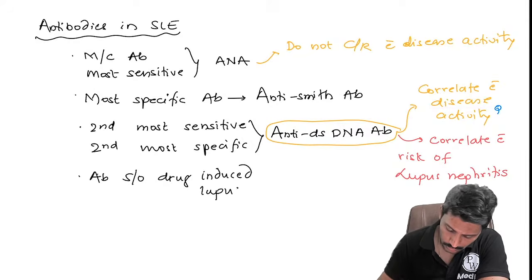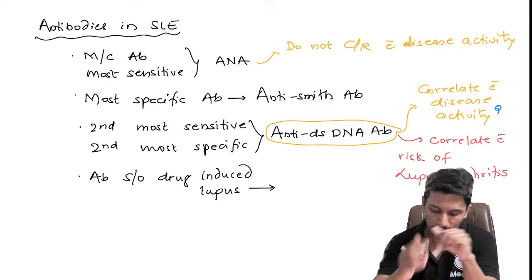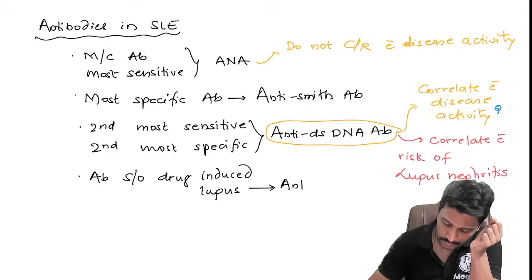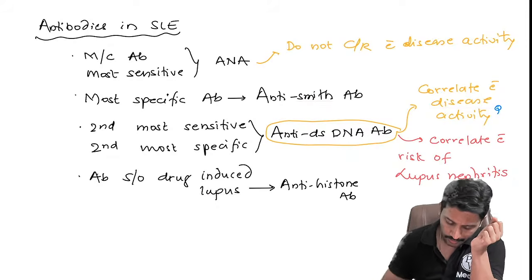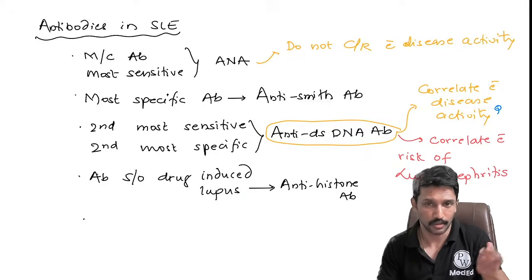The antibody suggestive of drug-induced lupus is anti-histone antibodies.